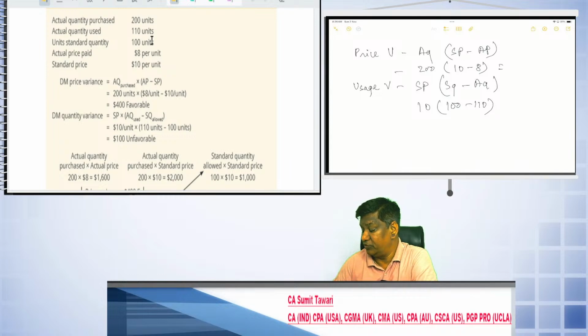Is this favorable or unfavorable? 10 minus 8 is a positive number, so it is favorable, 400. And here it is a negative number, minus 10, so it is 100 negative, unfavorable.